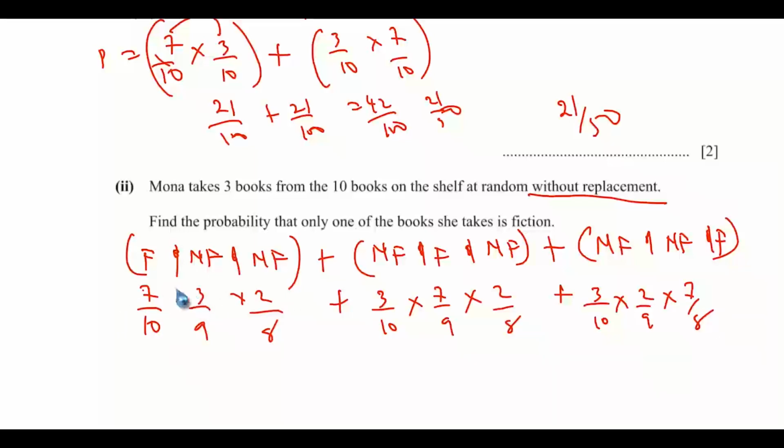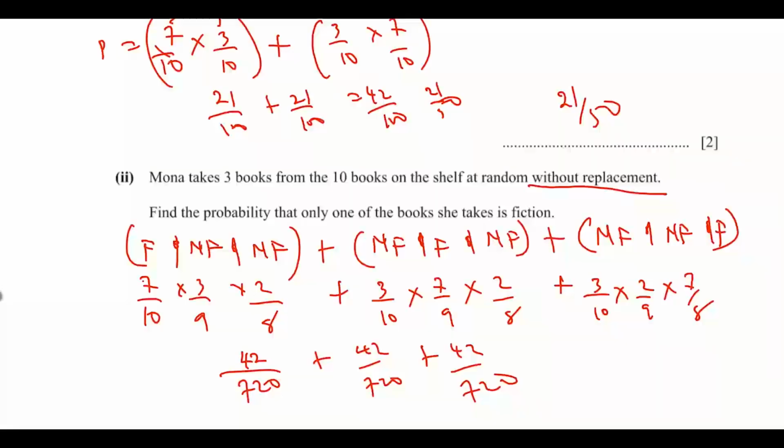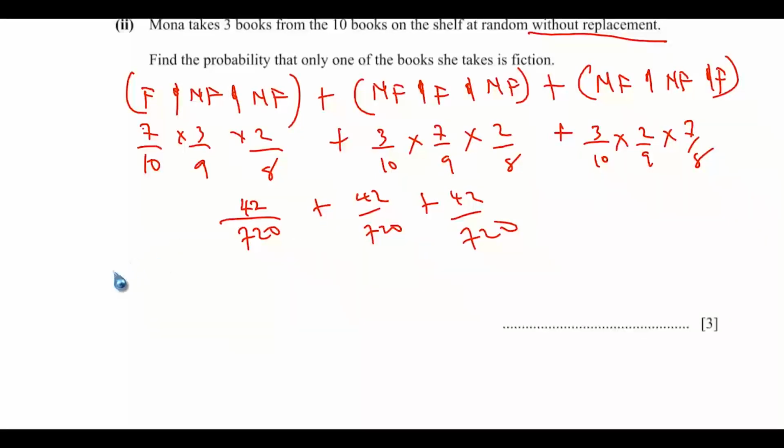So in each case, or in each way, we have 7 times 3, 21, 21 times 2, that is 42. Okay, then over 9 times 10, that is 90. 90 times 8, 9 times 8, 72, so we have 720. Okay, plus 42 over 720 plus 42 over 720. You can see that all these are just repetition. So the easiest way is to do for only one way and multiply by 3 ways.